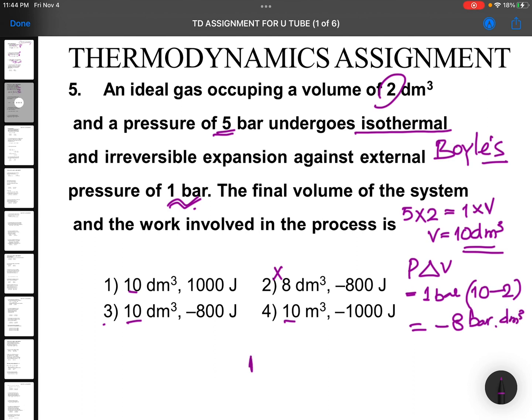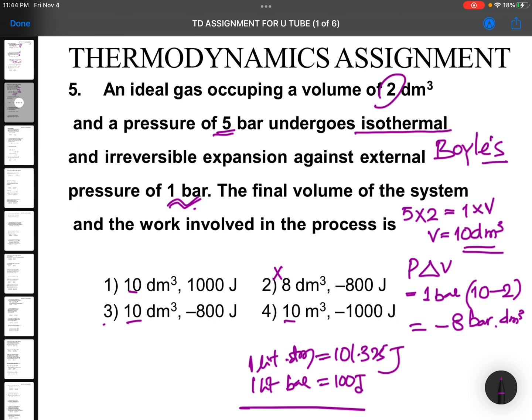And the conversion is 1 liter atm is equal to 101.325 joules. Just now we have discussed this in the previous question, third question I think. 1 liter bar if you take, that is exactly 100 joules, because 1 bar is equal to 10 to the power of 5 pascals. So minus 8 bar liter, or minus 800 joule. Clear?